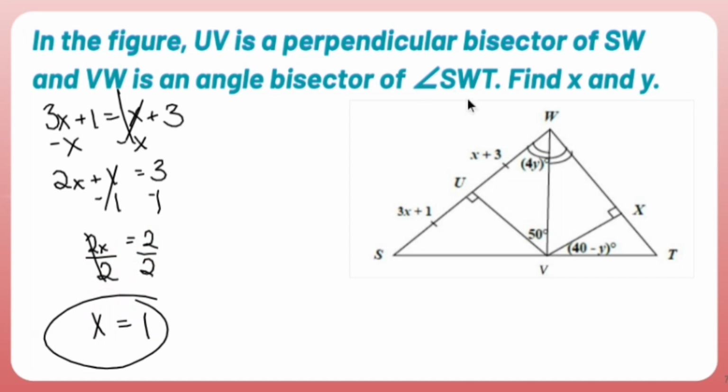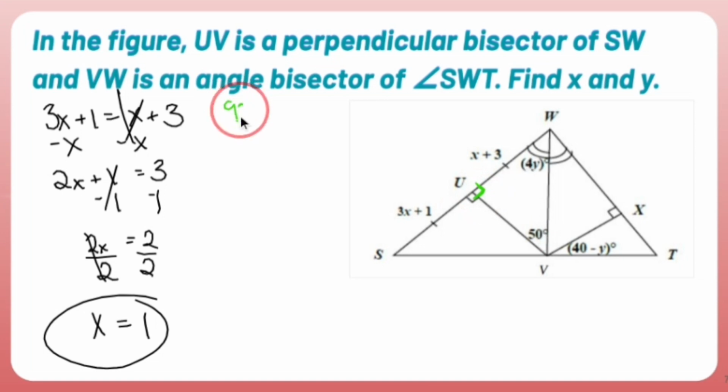Now I need to find y. It lives here and it lives here. Which one should I use? Let's use the fact that I have 4y, that angle right there. You're a perpendicular bisector, which means you're 90 degrees. This one is 50 degrees, and this one is 4y.